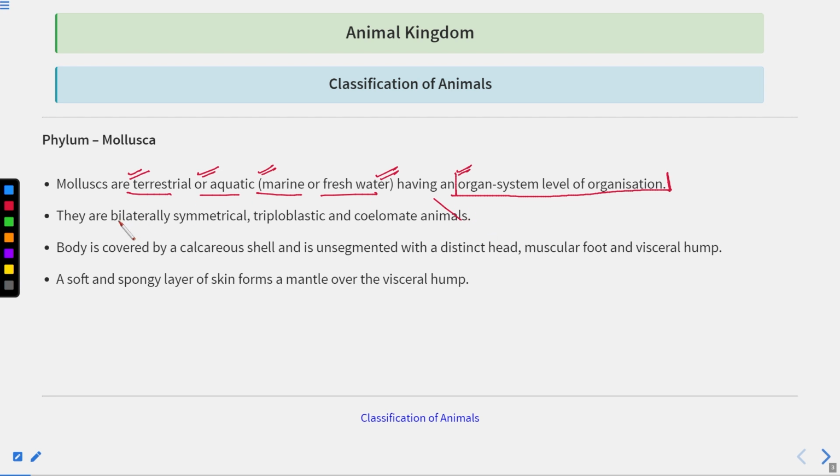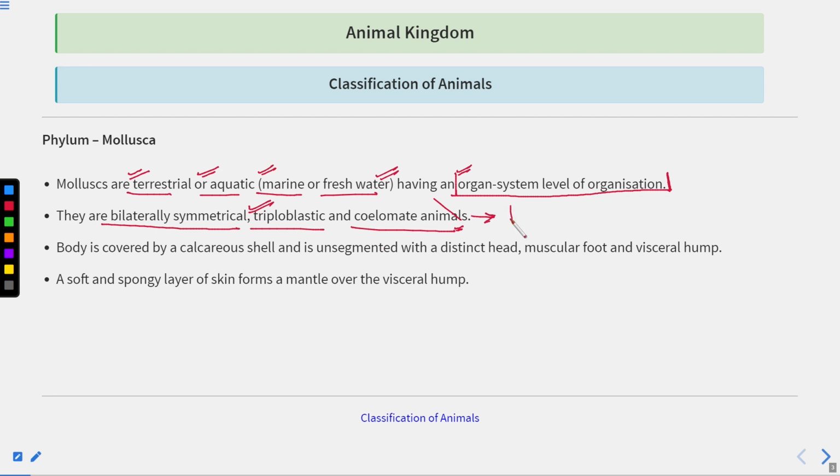They are bilaterally symmetrical, their body can be divided into two equal halves from one axis of symmetry. And they are triploblastic. Again, they have the ectoderm, mesoderm and endoderm layers, so that is why they are called triploblastic. They are called coelomate animals.